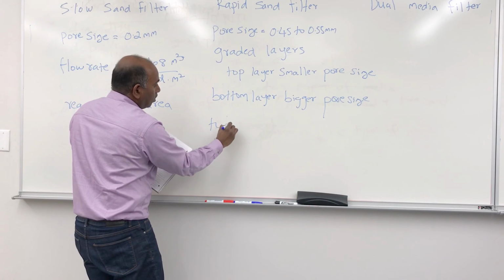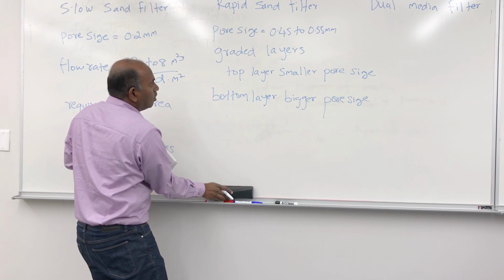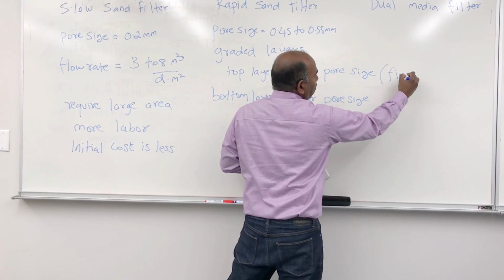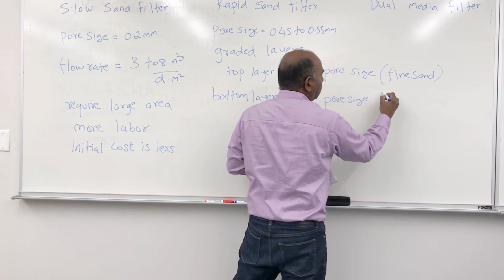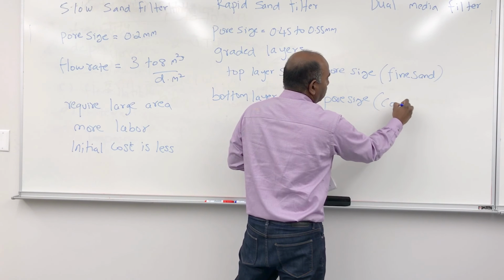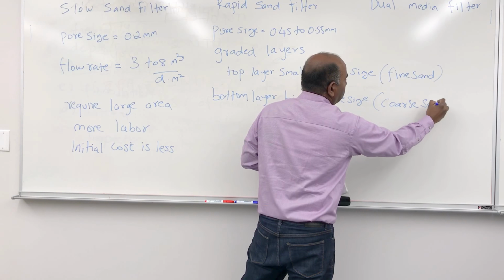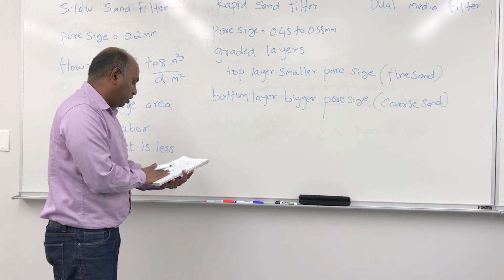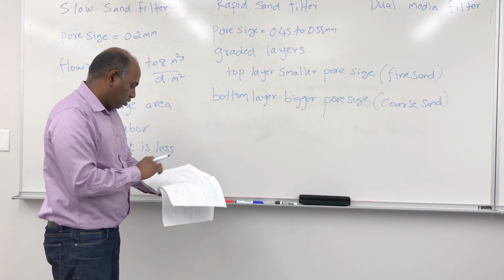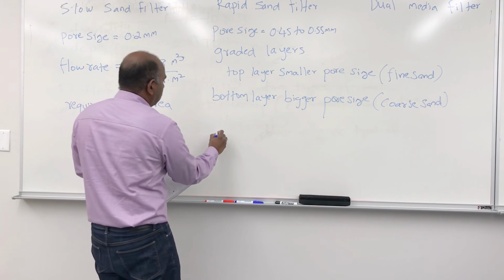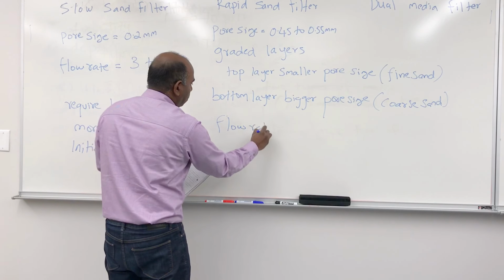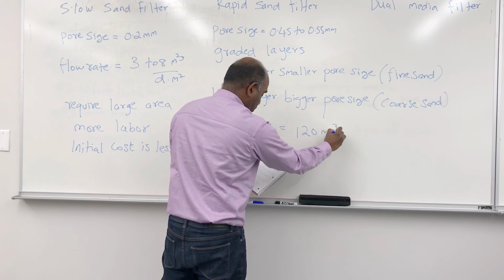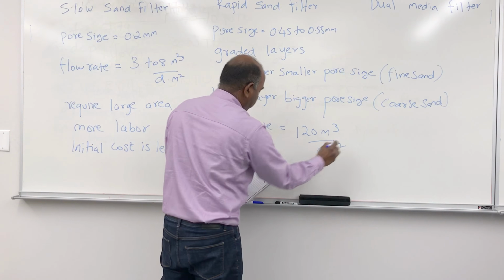Typically, the smaller pore size is due to fine sand, and the larger pore size is coarse sand. And they have a higher flow rate compared to slow sand filters. The flow rate is 120 meter cube per day per meter square.